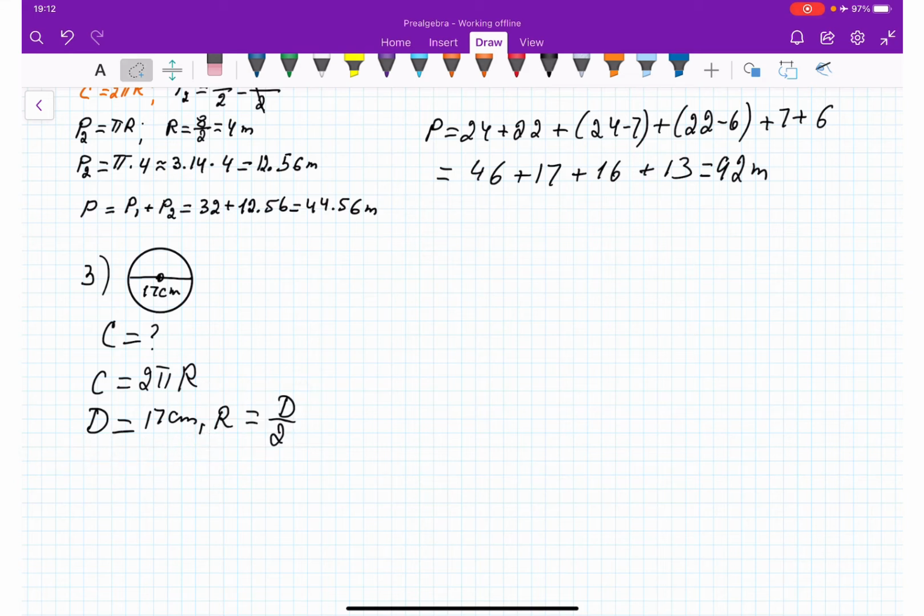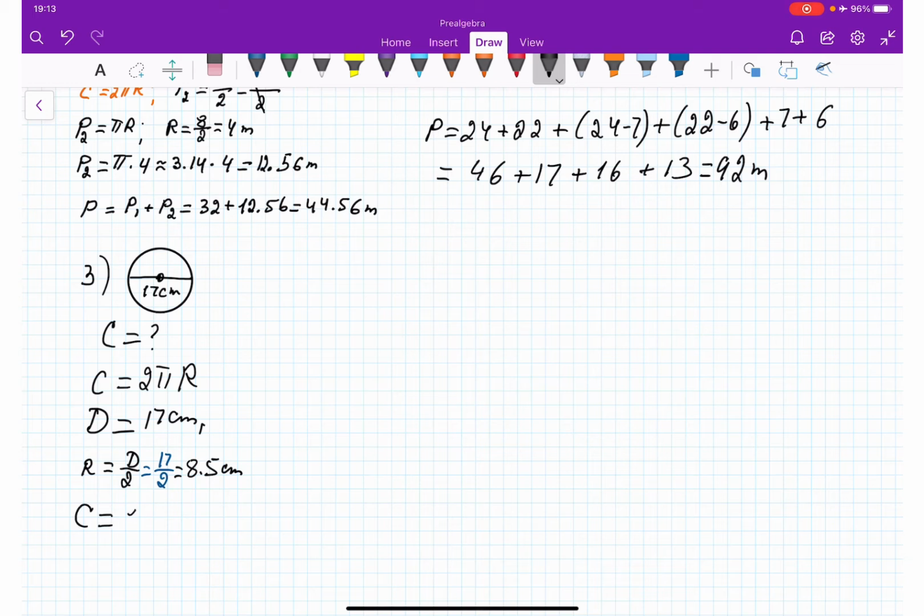That is equal to 17 over 2, which is going to be 8.5 centimeters. Well, it's taking too much space, let me move it here. 8.5 centimeters.